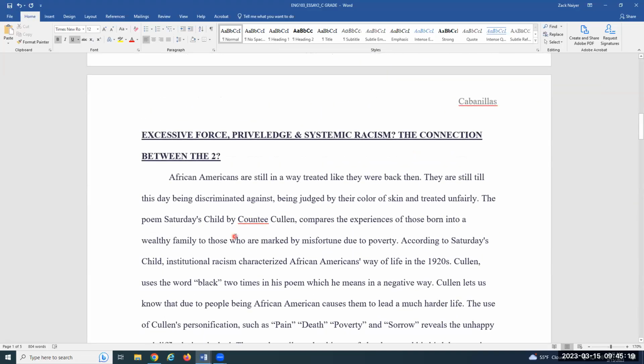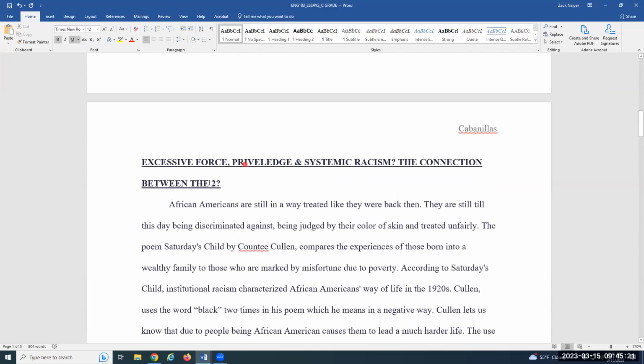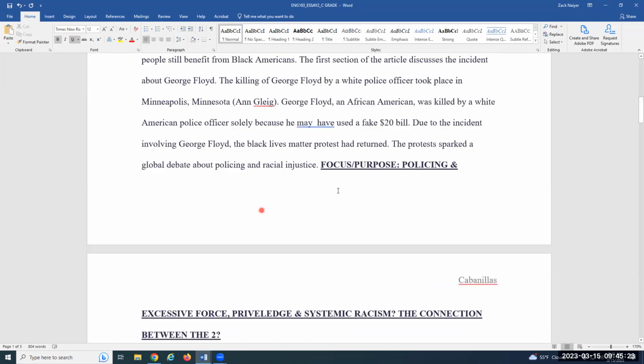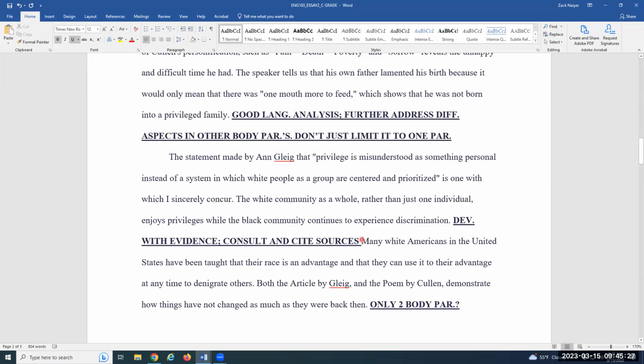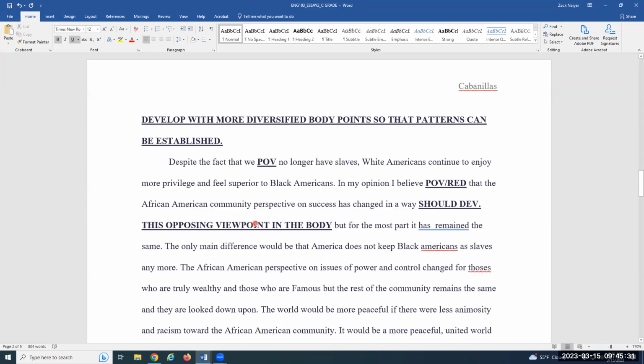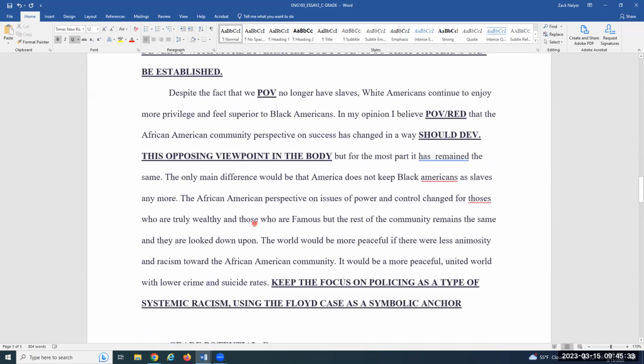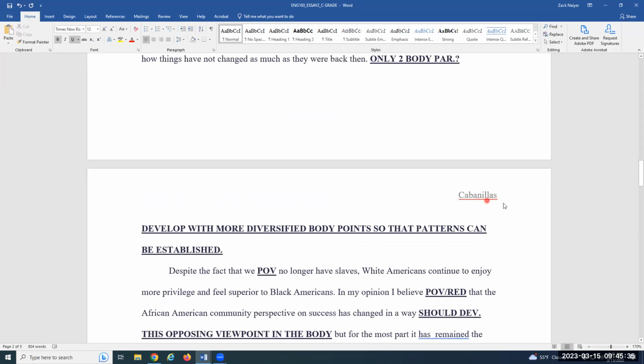Now notice I did insert comments, because I wanted to keep this a little bit more concise. When you do the header, it should be in the upper right, so the student's doing that right, but you should have the page number.